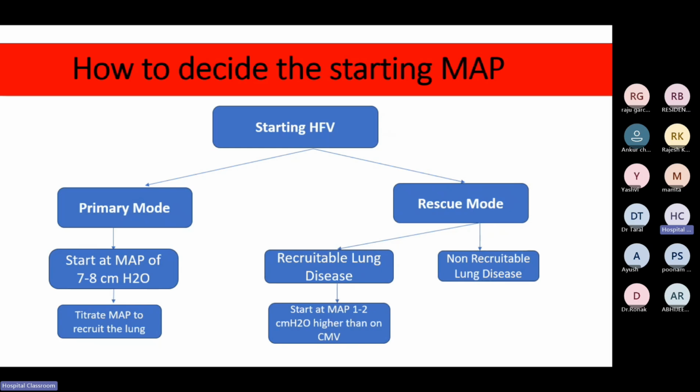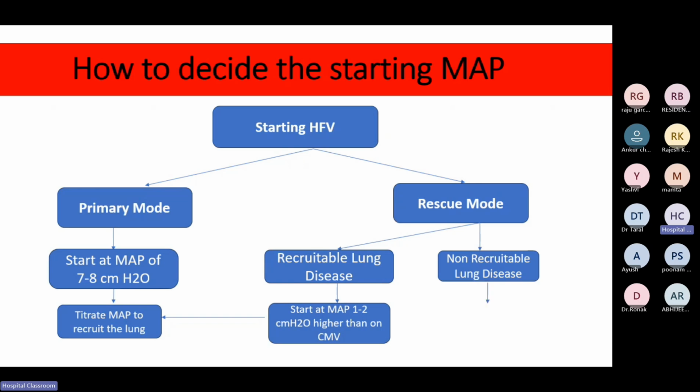When I shift that baby to high frequency ventilation, I will start directly with a mean airway pressure of 13. Subsequently I will titrate the mean airway pressure so as to recruit the lung, as we had done in the first scenario.